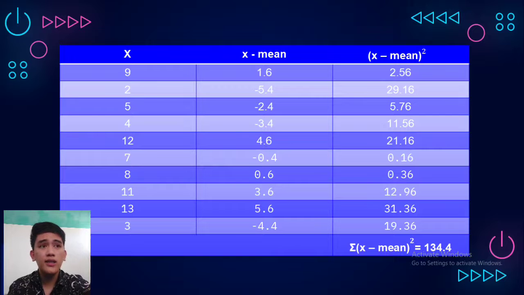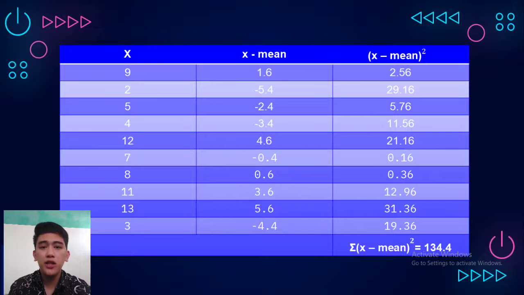Okay, let's get the summation of x minus mean squared. 2.56 plus 29.16 plus 5.76 plus 11.56 plus 21.16 plus 0.16 plus 0.36 plus 12.96 plus 31.36 plus 19.36. So, the answer is 134.4.